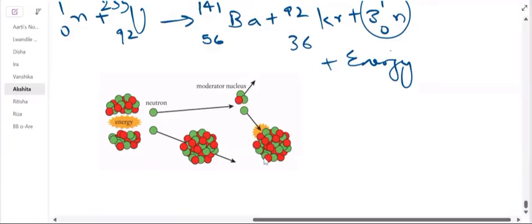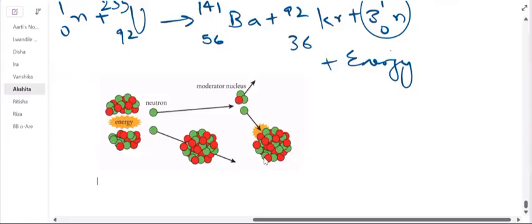Understood? Yes, ma'am. Now let's have a look at the critical mass. What is critical mass? Another very important factor is critical mass. It determines whether the chain reaction can take place given the size of the piece of uranium. Suppose it is very small, then before the neutron has traveled far enough, it will be slowed down, and they will leave the reacting piece of uranium. The minimum mass required for the chain reaction is known as critical mass.